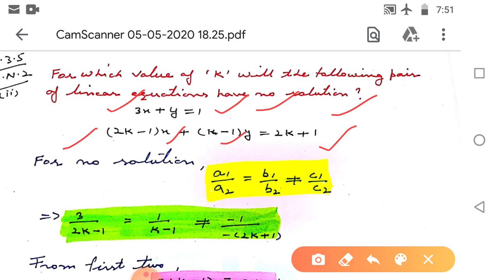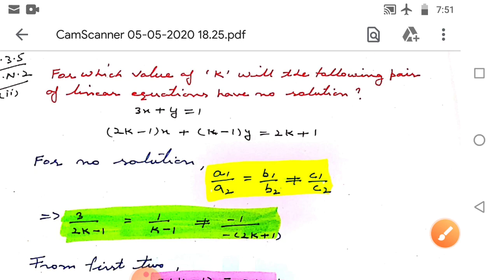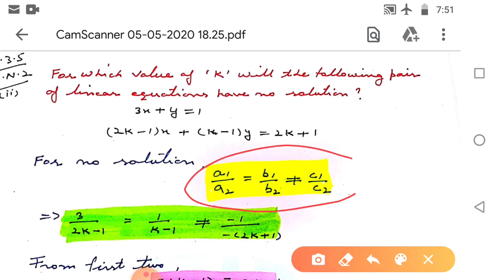Right? For no solution, we have this condition: a1 upon a2 is equal to b1 upon b2 is not equal to c1 upon c2. Once again, the condition for no solution, a1 upon a2 is equal to b1 upon b2 is not equal to c1 upon c2. Clear?